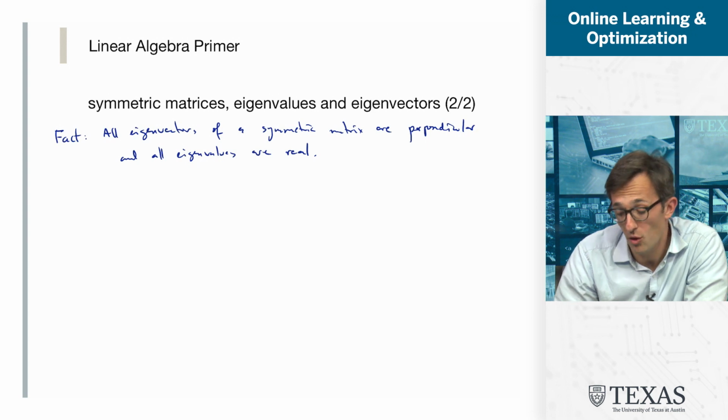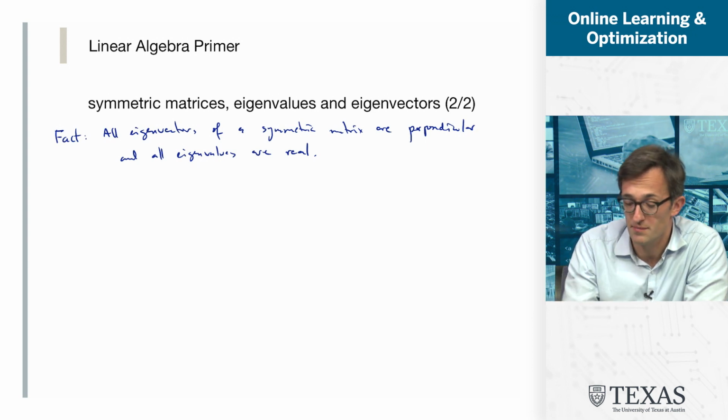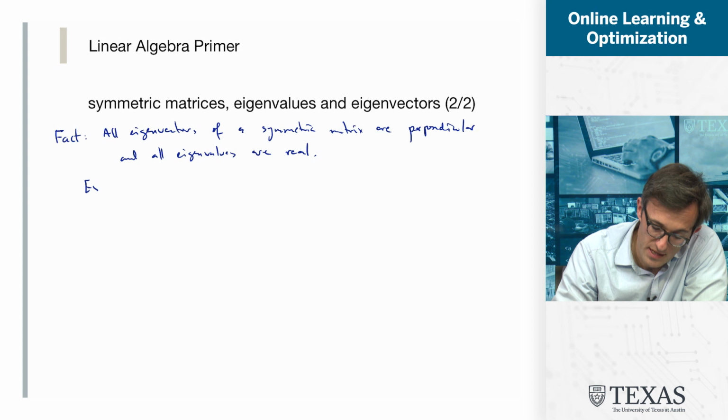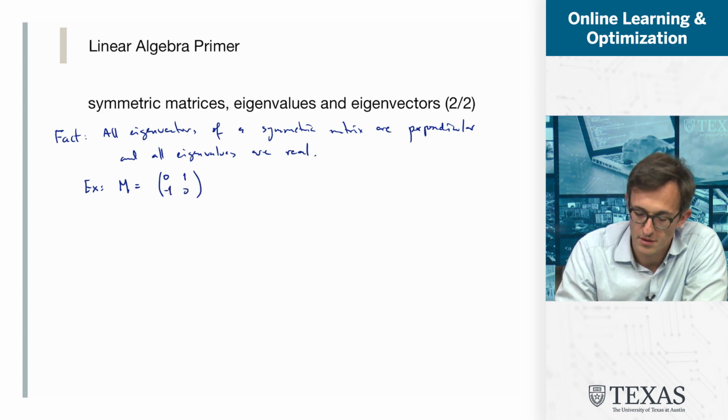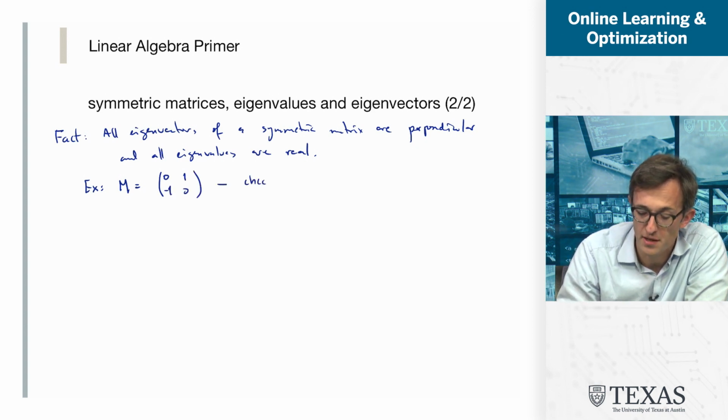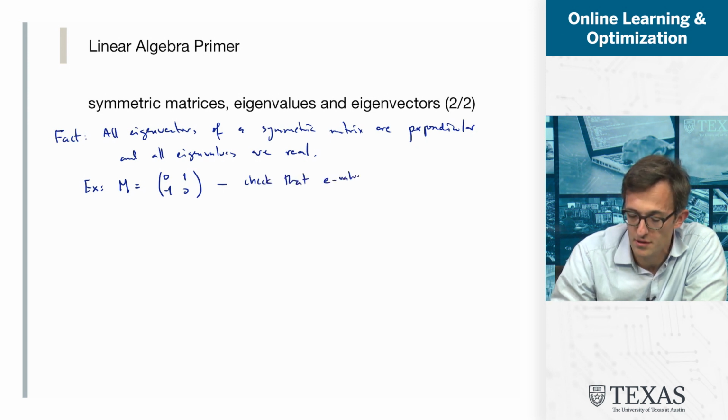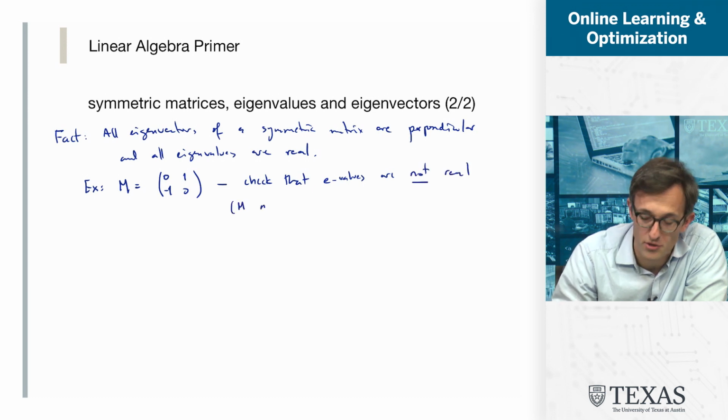Note that this doesn't always have to be the case if we don't have a symmetric matrix. So for example, if M is the non-symmetric matrix 0, 1, -1, 0, check for yourselves that the eigenvalues are not real. And of course, M is not symmetric.